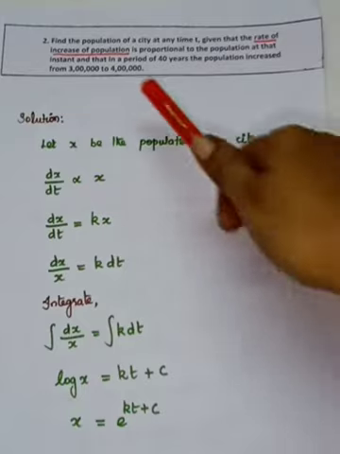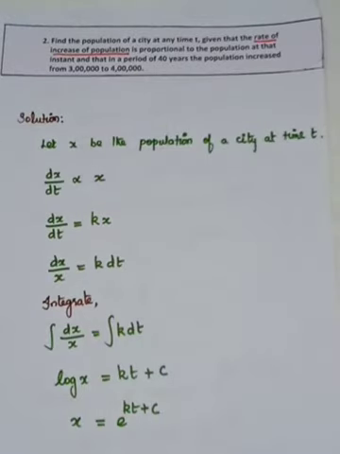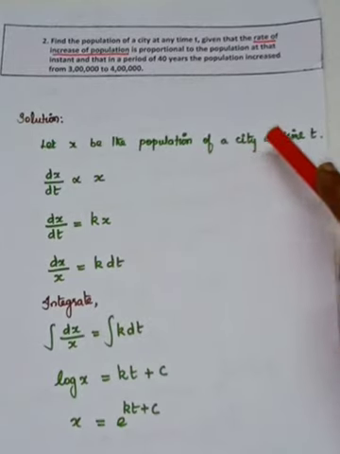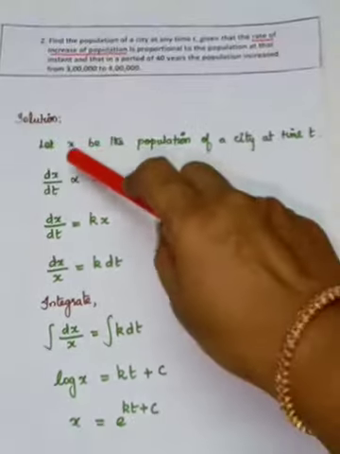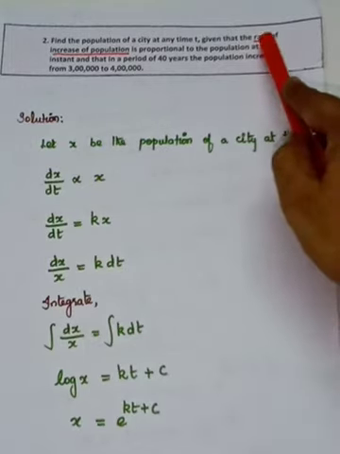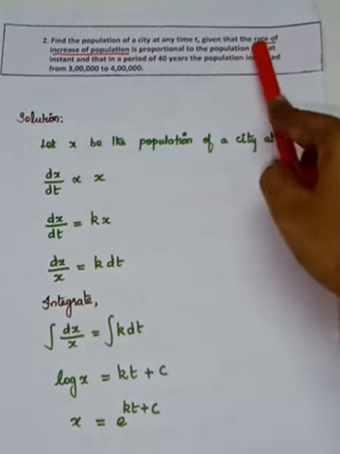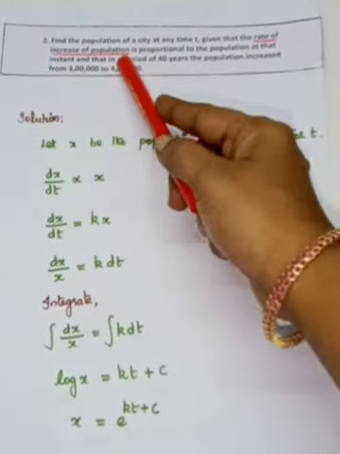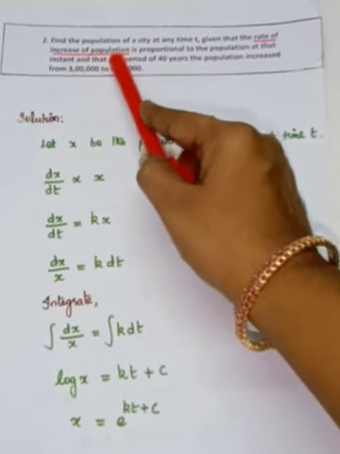First we have to denote the variable. So here I have denoted, let x be the population of a city at any time t. Now you see the sentence, the rate of increase of population. The population is denoted as x.